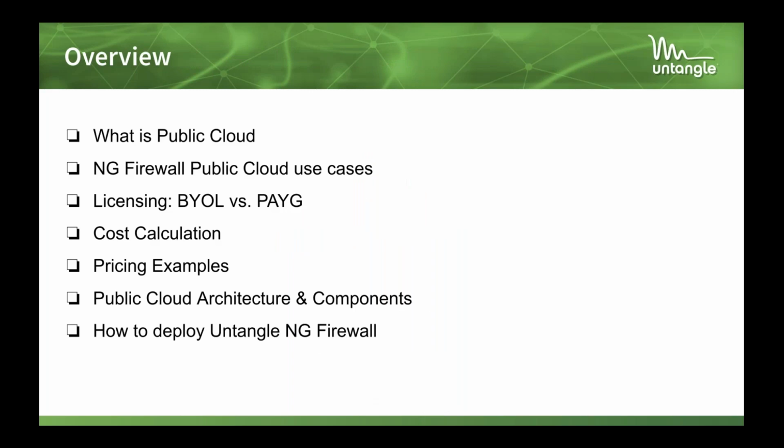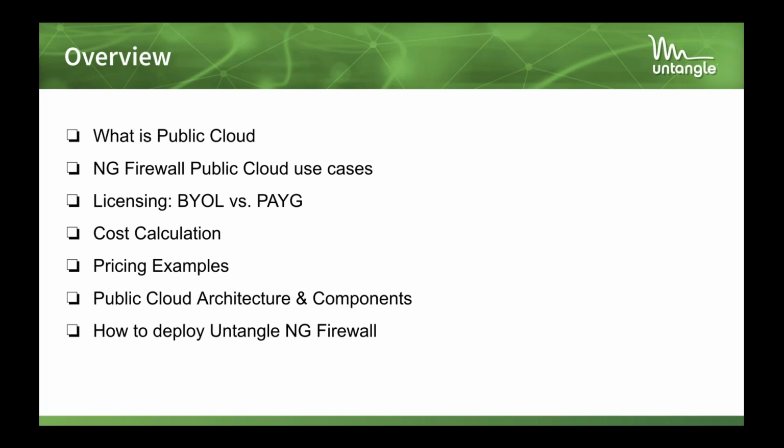Thanks, Steve. So today we're talking about the public cloud deployment of NG Firewall. For the agenda, we'll start off with a brief description of what is public cloud. The NG Firewall public cloud use cases, we'll talk about the two different licensing options, bring your own license versus pay-as-you-go. We'll cover some pricing examples and talk about how to calculate the cost.